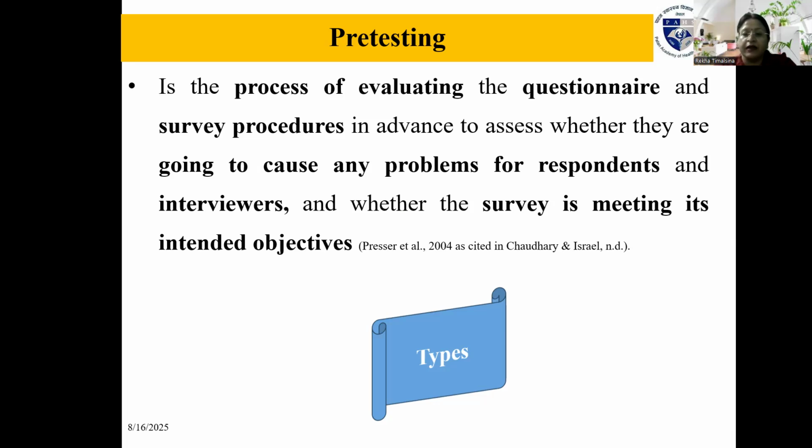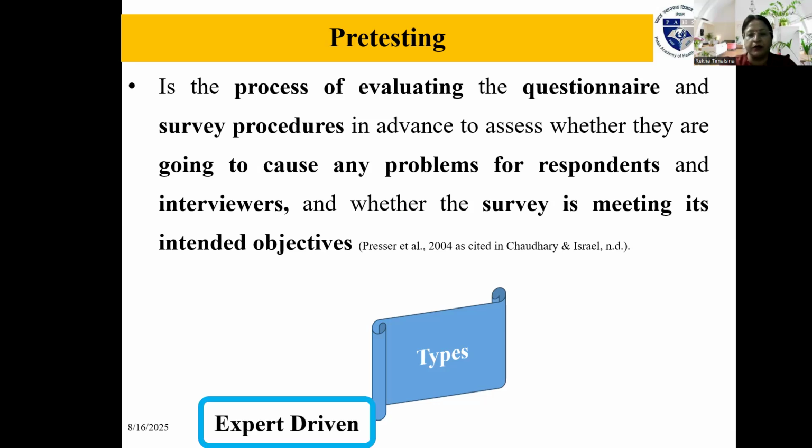We need to ask like this. Pretesting a survey instrument is a vital step in ensuring its validity and appropriateness, and it can be conducted through both expert-driven and respondent-driven approaches.